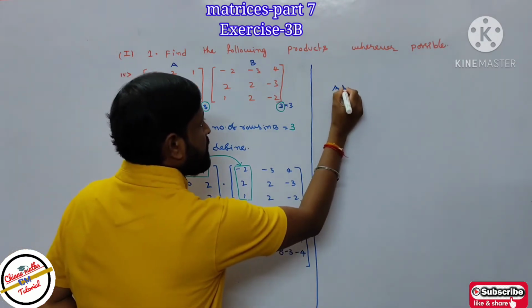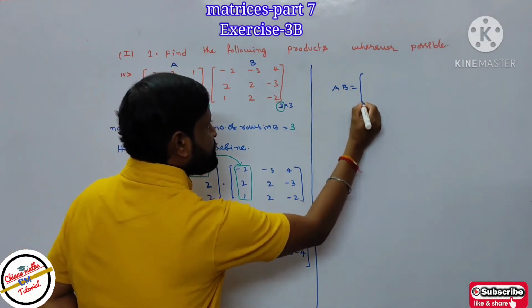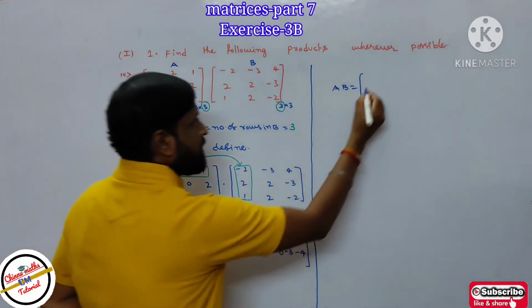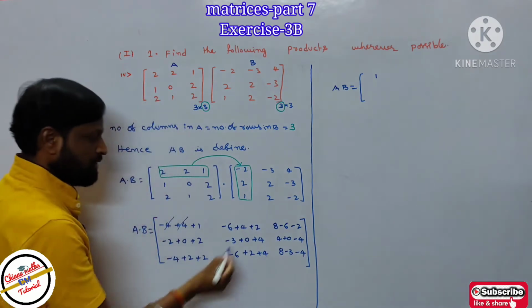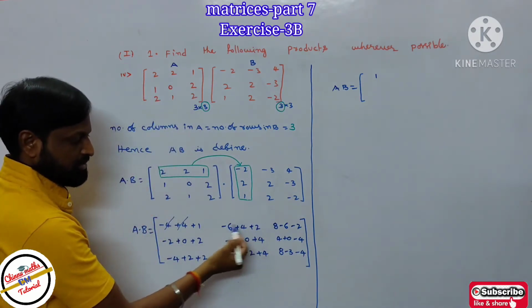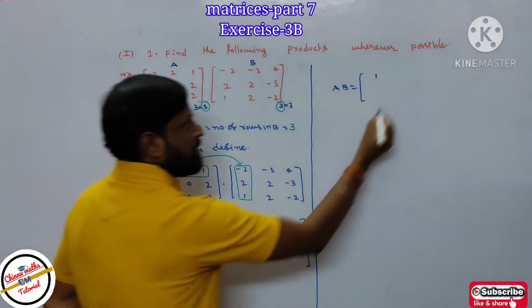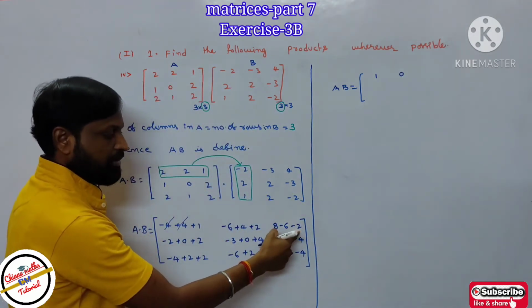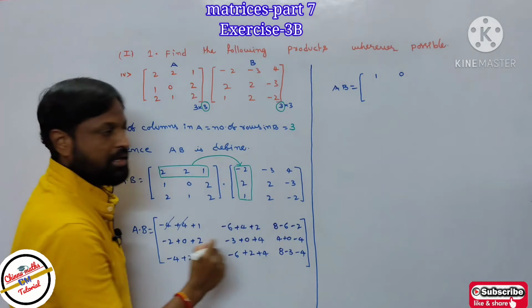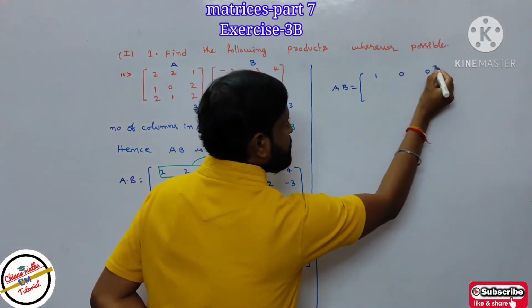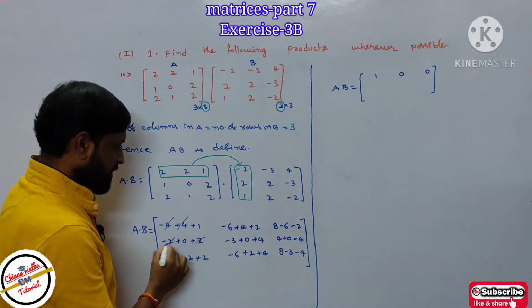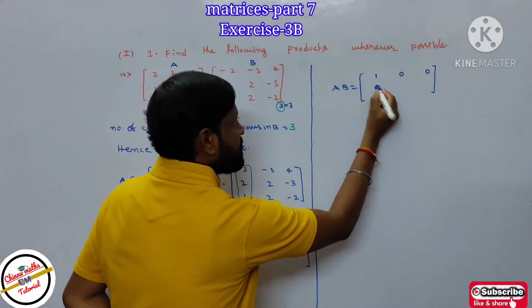So then the product AB equal to, let's see, plus 4 minus 4 both get cancelled, we can write 1. Next 4 plus 2, 6 plus 6 minus 6 equal to 0. Similarly, minus 6 minus 2 minus 8, minus 8 plus 8 again 0, next plus 2 minus 2 both get cancelled, you can write 0.